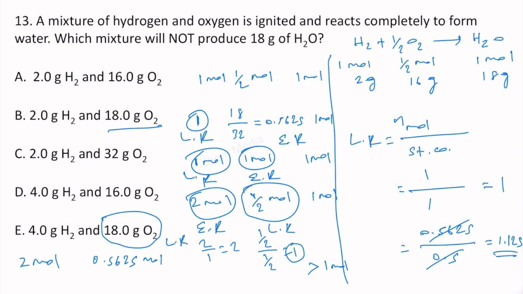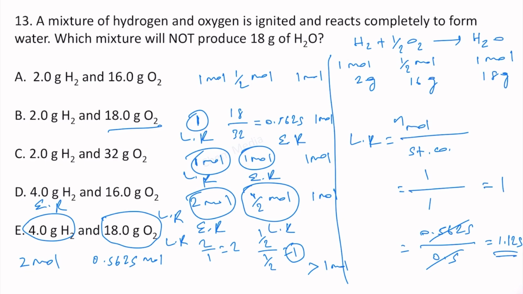The reason why I say O2 is the limiting reagent here is because 0.5625 divided by 0.5 will be 1.125, whereas 2 divided by 1 is 2. Therefore, in terms of mole ratio, O2 is the smallest. Therefore, that is the limiting reagent and this is the excess reagent here.